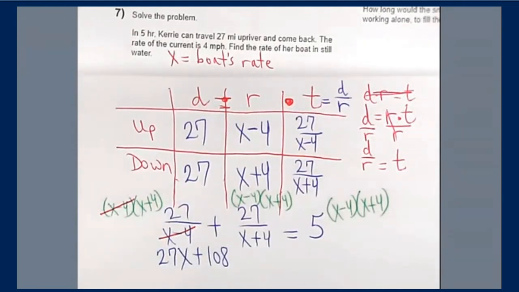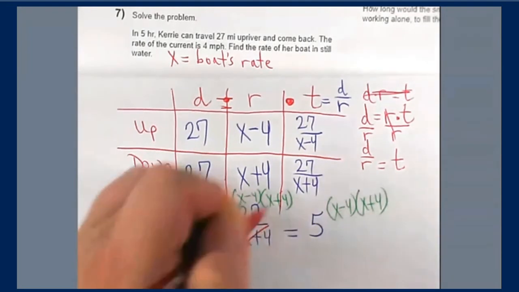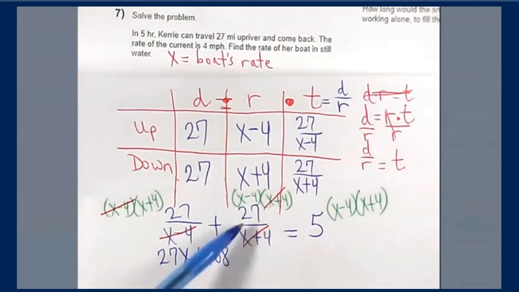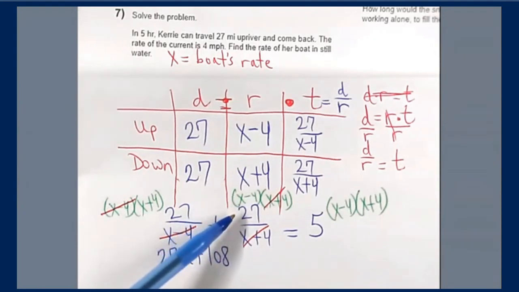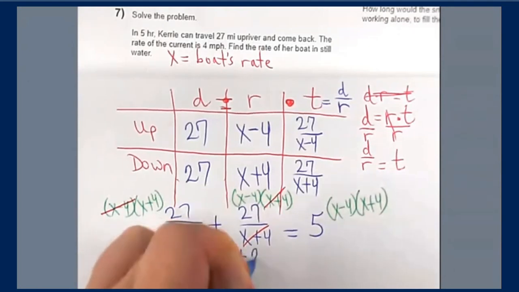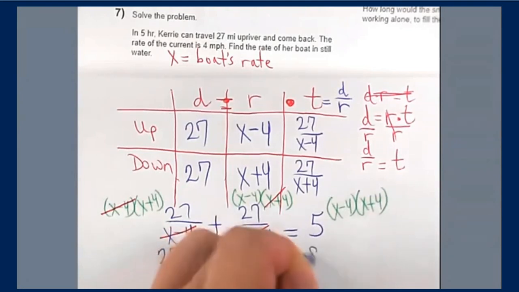For the second fraction, the x plus 4's cancel. And when you distribute that 27 times x minus 4, 27 times x is also 27x, and 27 times negative 4 will give us negative 108.